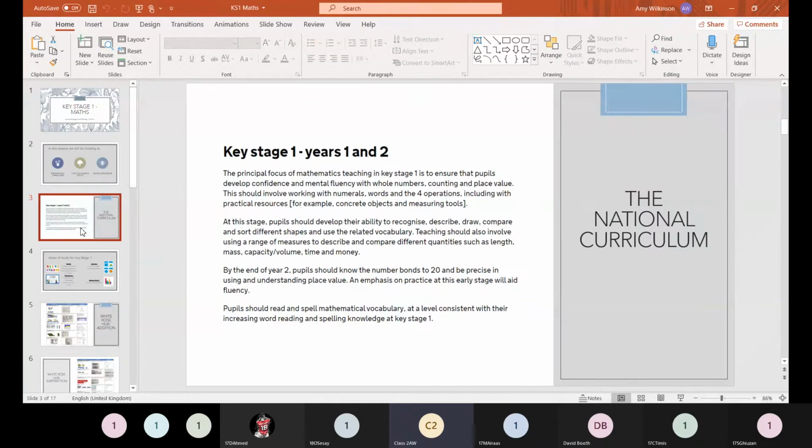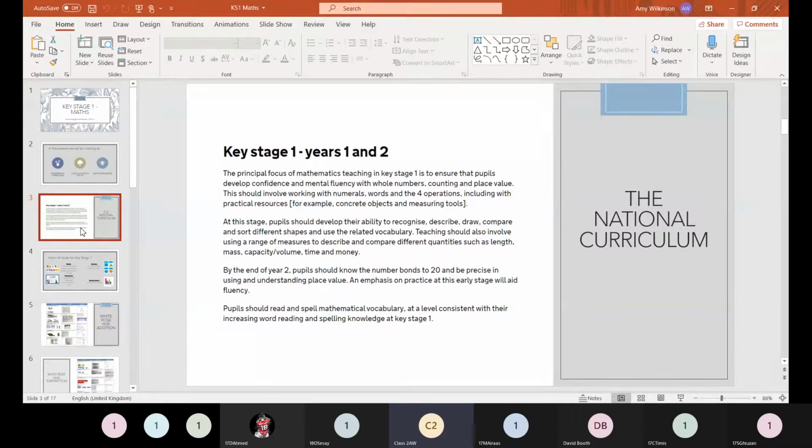Okay, so the national curriculum for years 1 and 2 states that the principal focus of mathematics is to ensure that pupils develop confidence and fluency. Okay, that's the main focus in Key Stage 1.